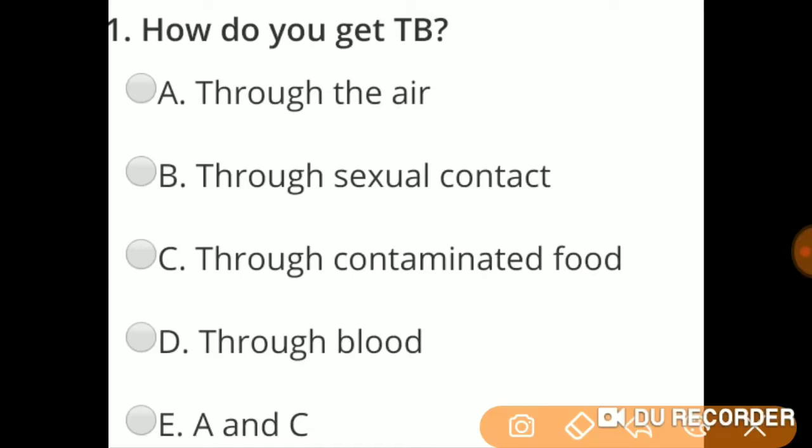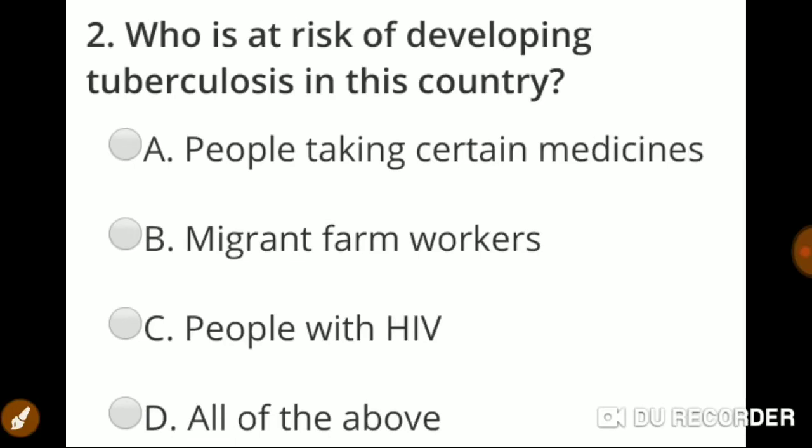Okay. Now, how do you get TB? Through air. Not by sexual contact, not by contaminated food, not through blood. Tuberculosis is an airborne disease, and we receive it by the inhalation route. Who is at risk of developing tuberculosis in this country?